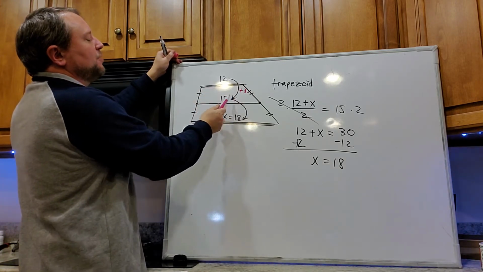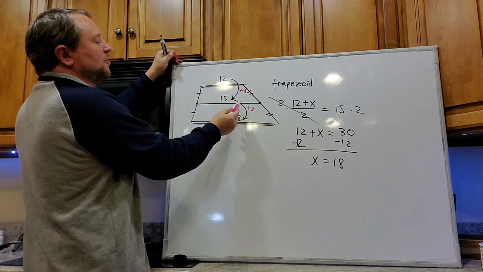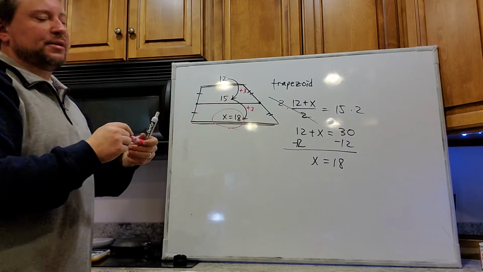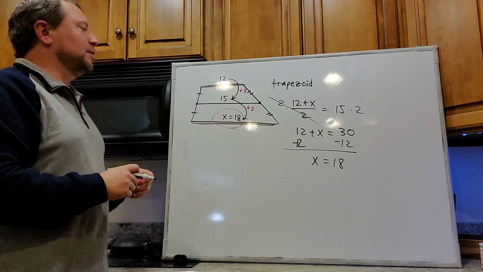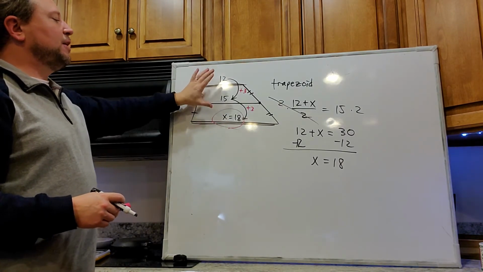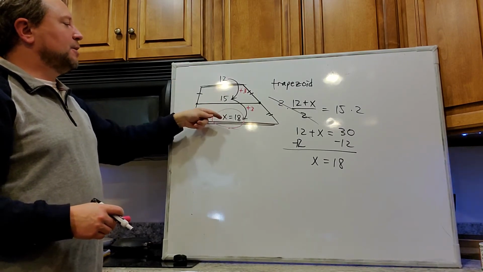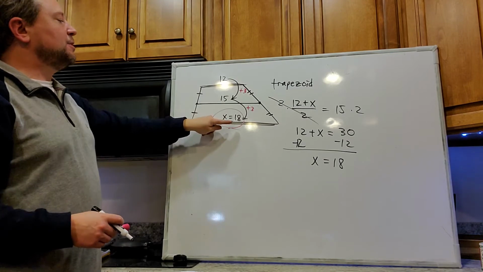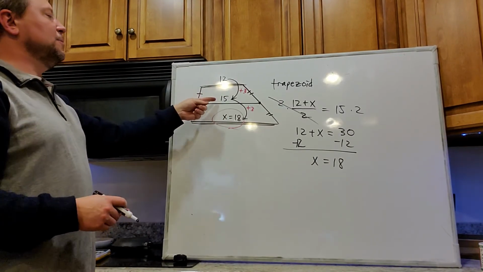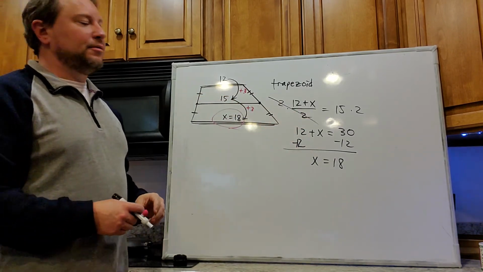So 12 plus 3 is 15. And if I add another 3, look what happens. 15 plus 3 is 18. So that's a little bit easier way, I think, to do it. If just one of these values is missing, whether it be the top or bottom value, just follow the pattern, you know. Add 3, or if it went the other way, you could say subtract 3 and then subtract 3 again to get that one. Now, if the middle one's missing, though, you're going to have to do the average and calculate it.